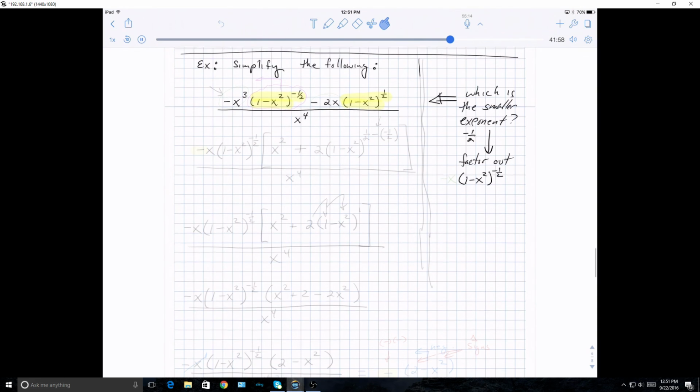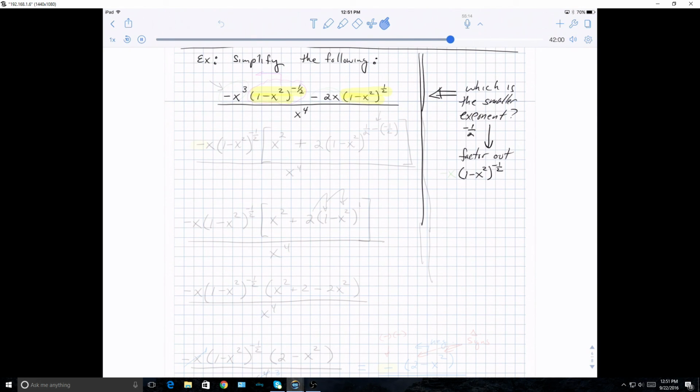Now, it's going to look a little weird, so let's try to take it a little slow. So what we're going to do first is just factor this out. Well, you know what? Let's do both of them. Can you also see in both of these terms that we also have a negative x? So we're also going to factor out a negative x. Okay, we'll do both at the same time.